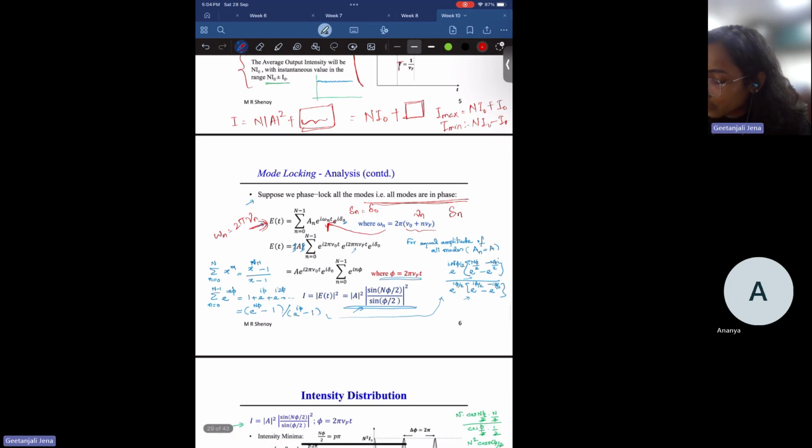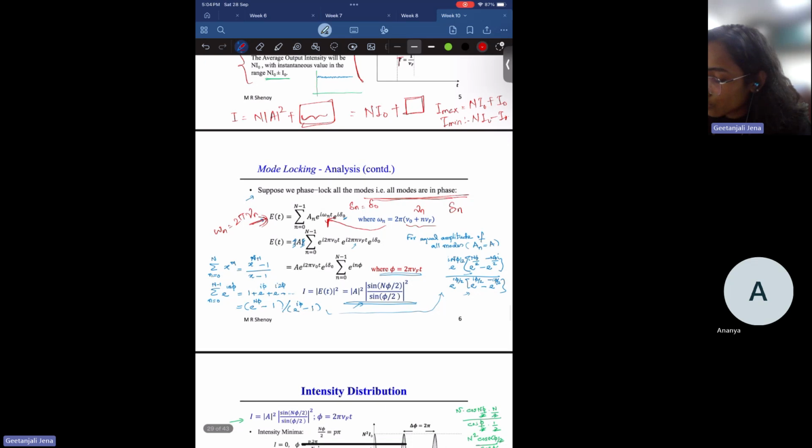Just take out the constant factor, nu 0 is constant. So if you take out the constant factors, which are e to power i delta 0 and e to power i 2 pi nu 0, the summation is now simplified and it is summation of n equal to 0 to n minus 1 of e to power i n phi.